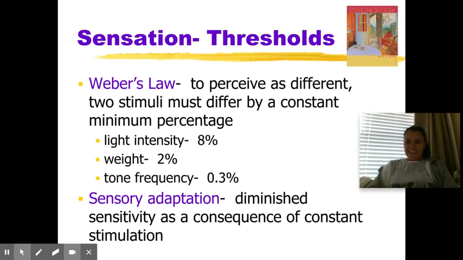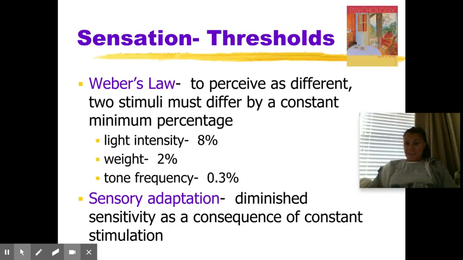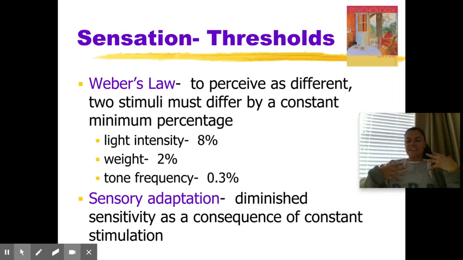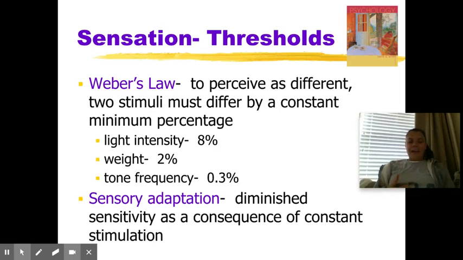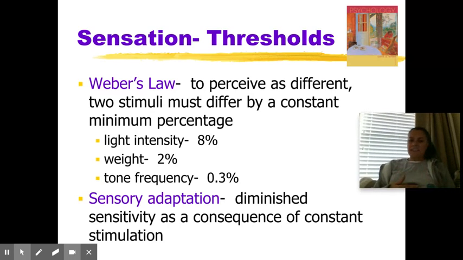There you go, Jason. There's a good one for you. Hopefully you're feeling your shoes or your socks now. So sensory adaptation is that same idea that we talked about when we put memory stuff into our senses. Sensory adaptation is the diminished sensitivity as a consequence of constant stimulation.